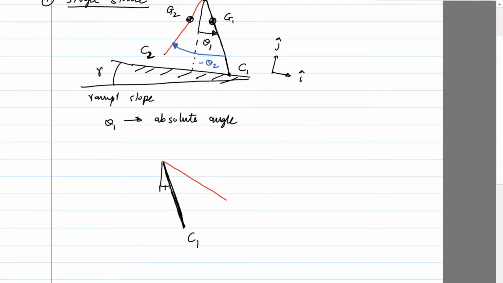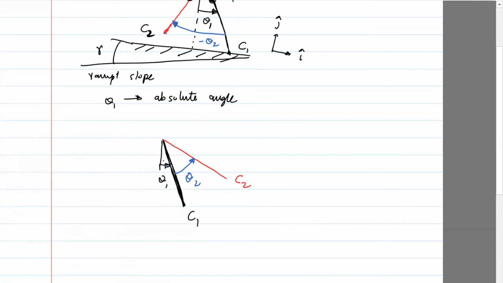So this is theta 1, and now you can see that the angle between the stance leg and the swing leg is theta 2, so that is positive. When you take the swing leg and move it backwards, like I've shown in this figure, that theta 2 becomes negative, and that's why I put it the way it is. But this is easier to visualize and also to derive the equations, so I'll use this figure.